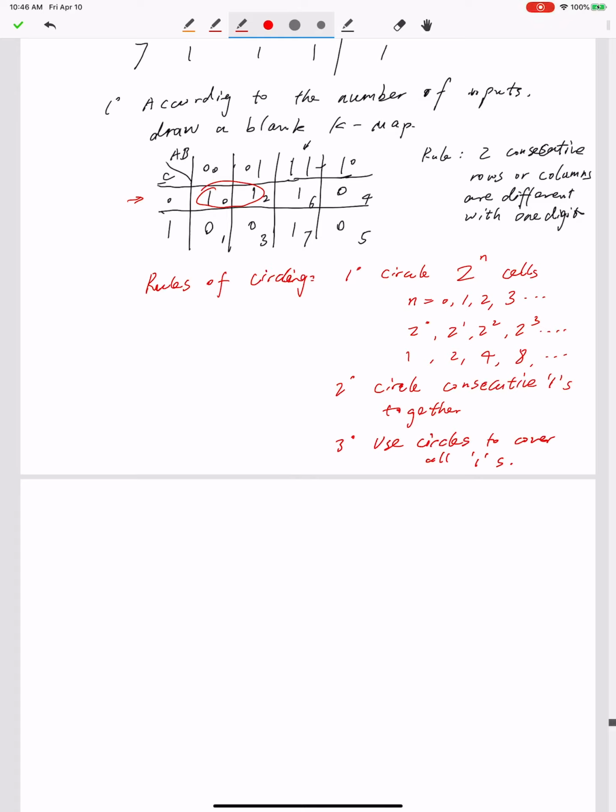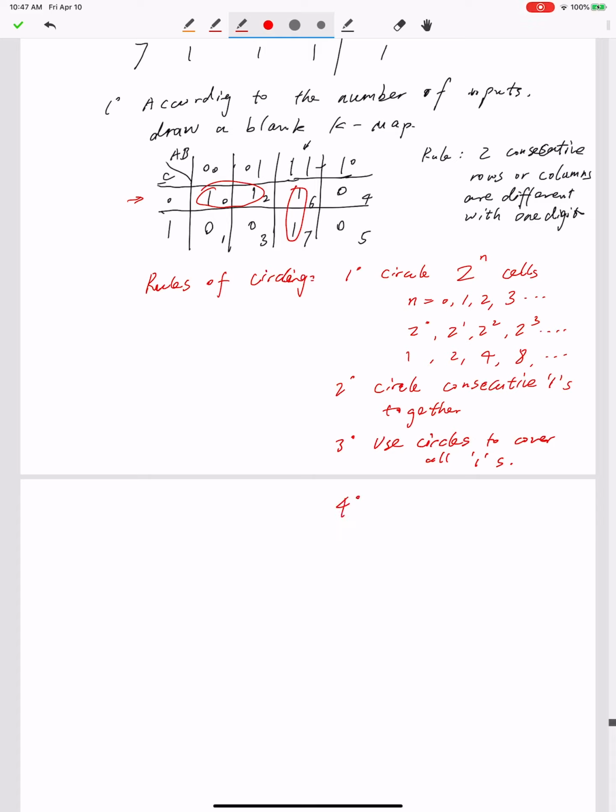These two cells are consecutive, or neighborhood, right? So we can circle these two ones together. After these two circles, we satisfy rule number 3. We use 2 circles to cover all ones, and then we can finish.